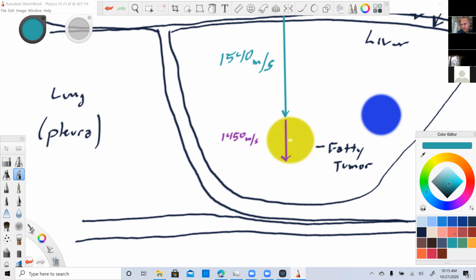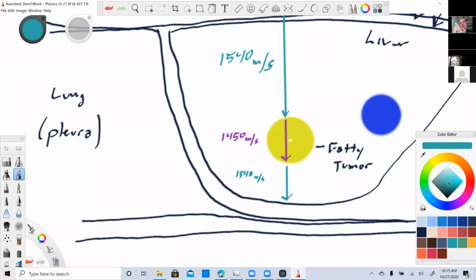And then we'll go back once again to the original 1540. I'll go ahead and write that in. 1540 meters per second.